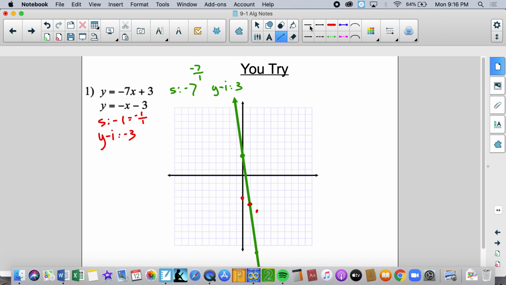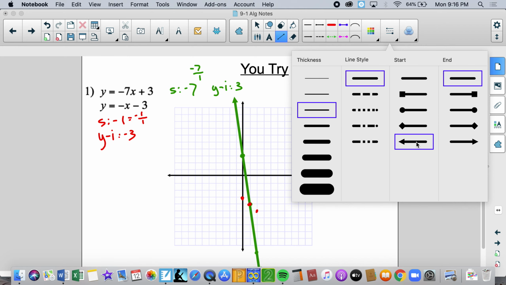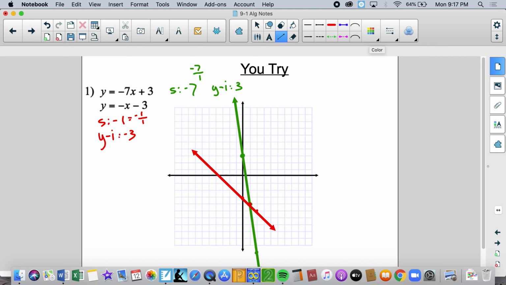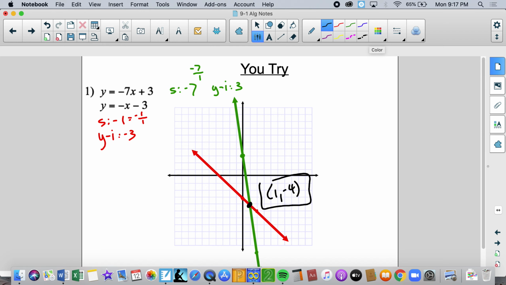Let's make our line. And if we connect them perfectly, we notice that they have an intersection right here, which would be 1, 2, 3, 4 on the x and -4 on the y. So that would be the solution to the system.